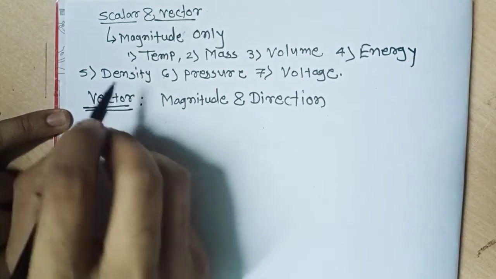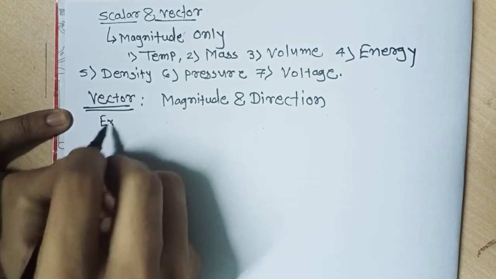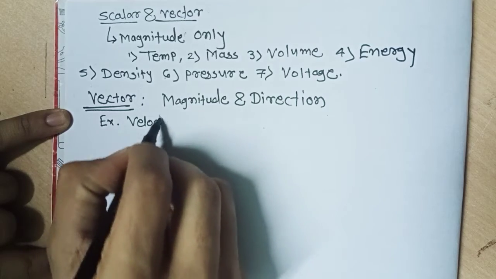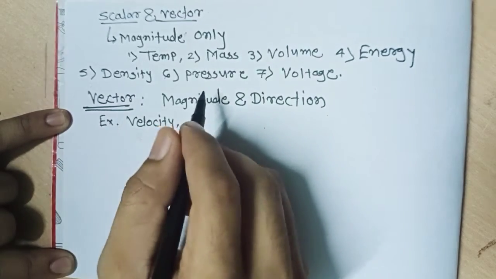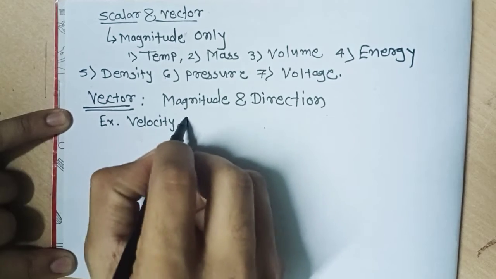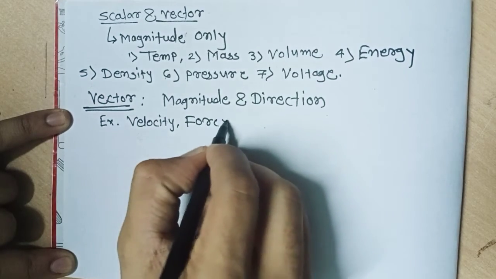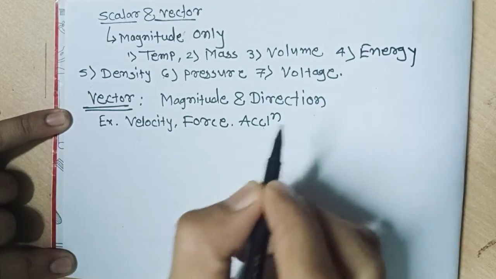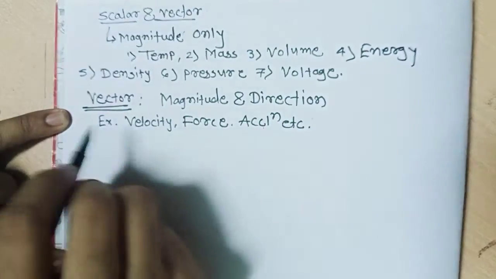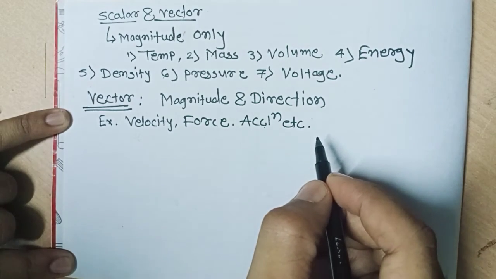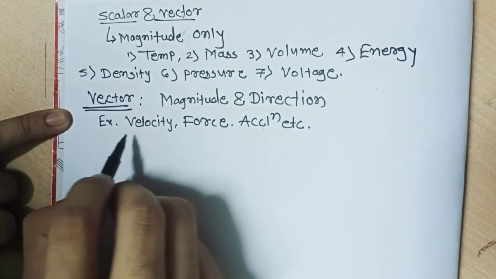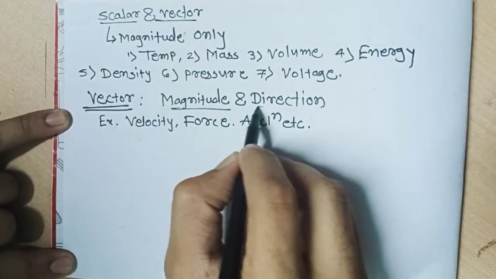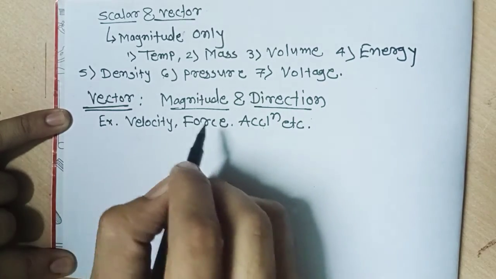Some examples I can give here: first one is velocity, the second vector quantity is force, and one more is acceleration. These are some of the vector quantities, and to specify them we require magnitude as well as direction. Hence these are vector quantities.